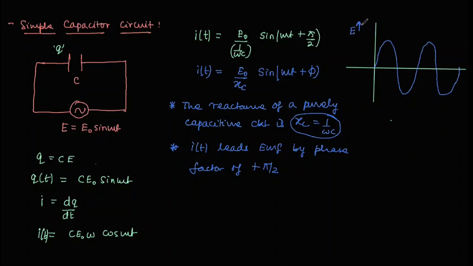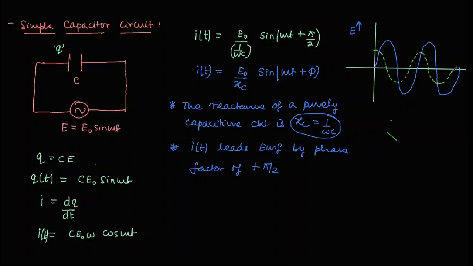And when we are drawing current, it is sine omega t plus pi by 2. So I can say at t equal to 0, the value of current is at peak, and it is leading EMF by pi by 2. So the graph of current is going to be this.